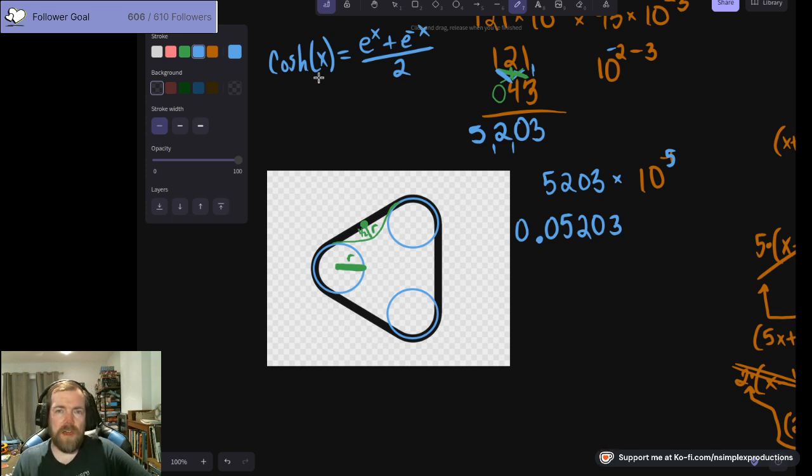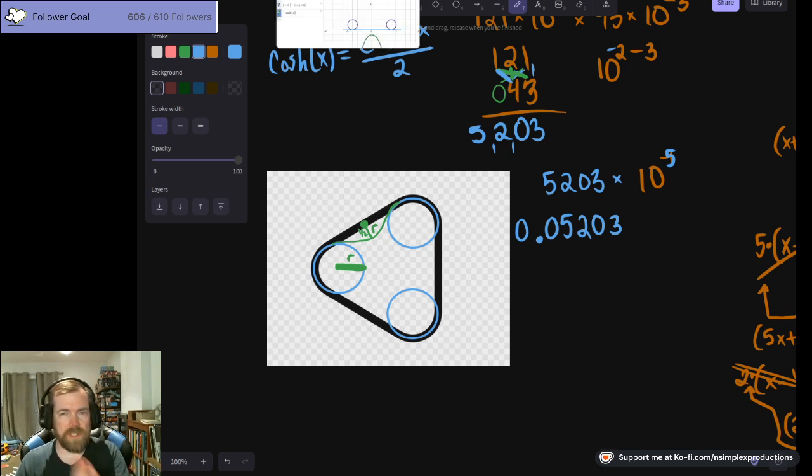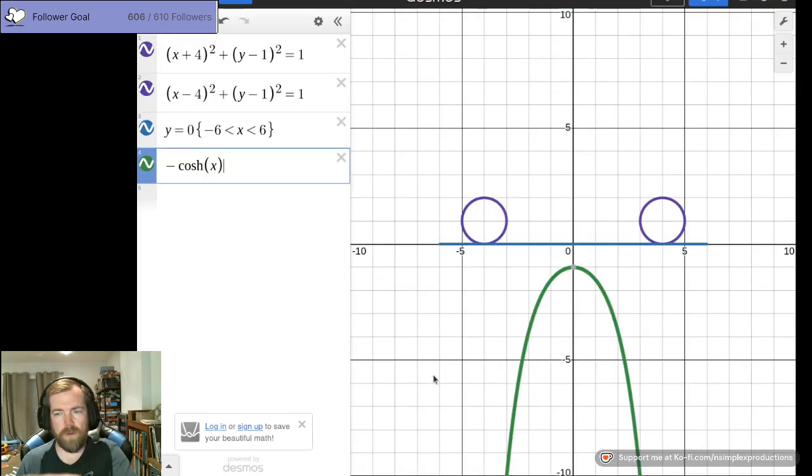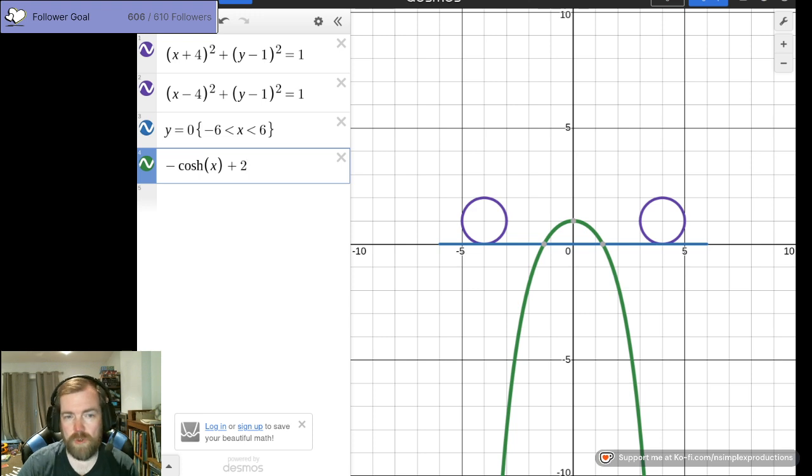So anyway, what I did was I said one of our options is going to be a hyperbolic cosine function. It uses e to the x and e to the negative x in order to come up with something. If I want to make it in the correct direction, we're going to shave stuff off going in this direction, then it's going to be down here. Then we're going to want this to be higher. So first of all, this is going to be +2 to get it up into the proper range.